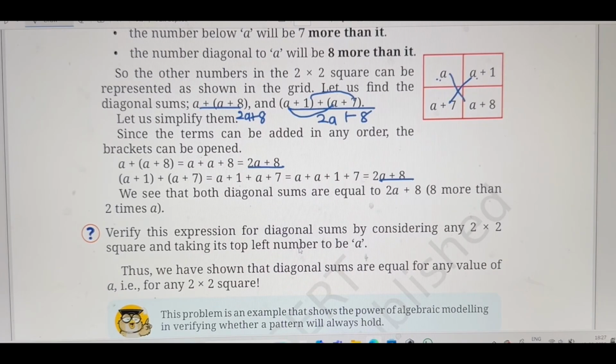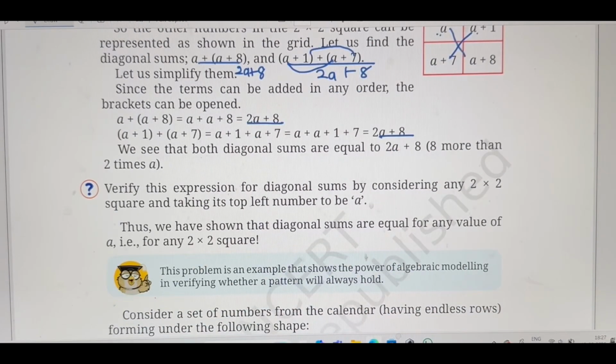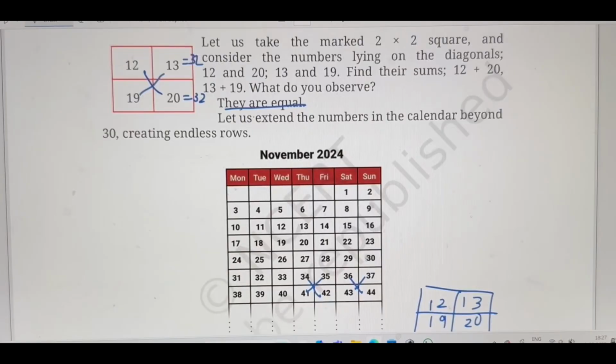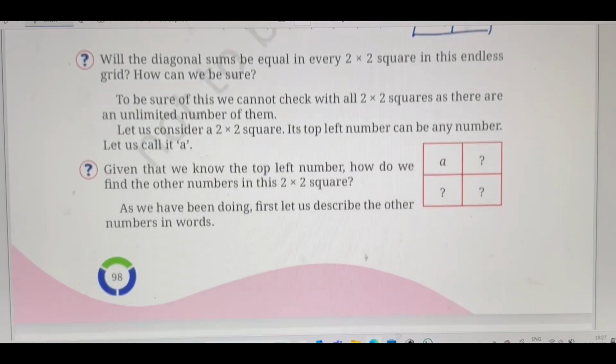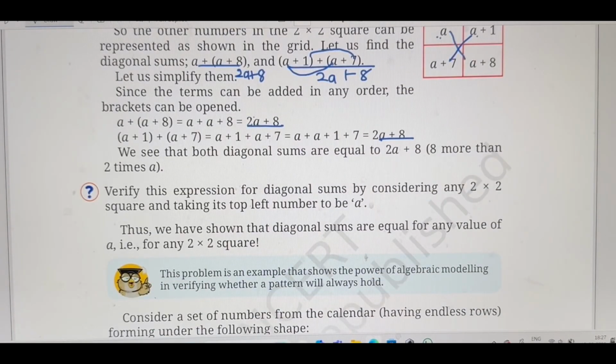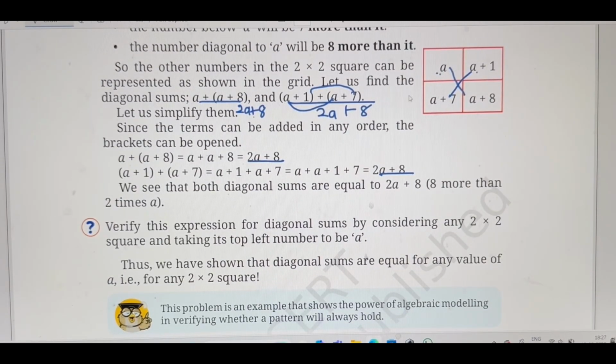Let us take one more square from the calendar. Let us go back to the calendar and take one more grid. We'll take simpler numbers. Suppose we take 5, 6, 12, 13, or let it be, 12, 13 is repeated. We'll take some other numbers: 7, 8, 14 and 15.